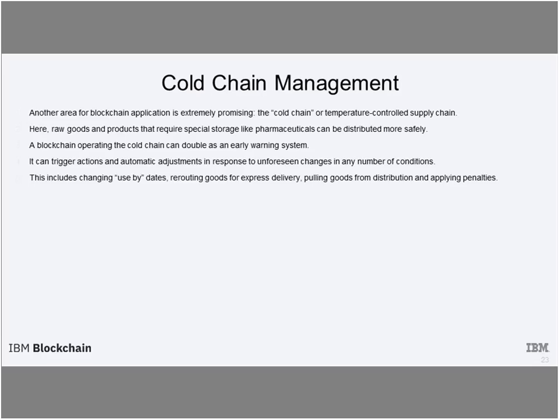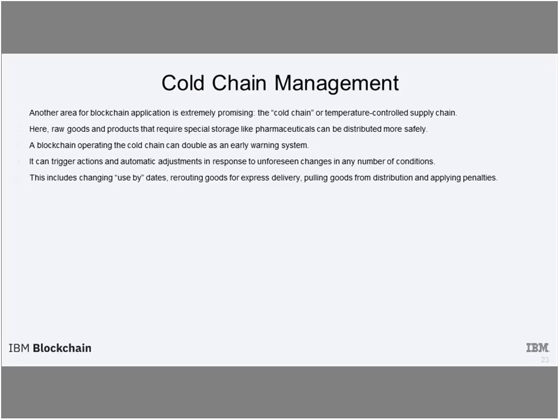So cold chain management is obviously one of the burning use cases, because a blockchain operating the cold chain can double as an early warning system. It can provide you warnings directly in real time if you implement it, and side by side it will also serve supply chain management.